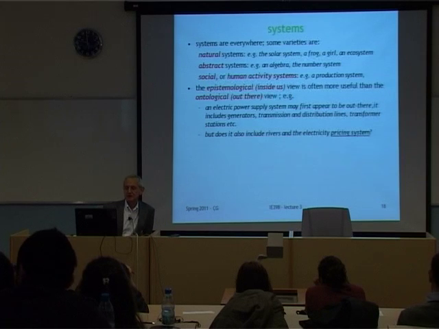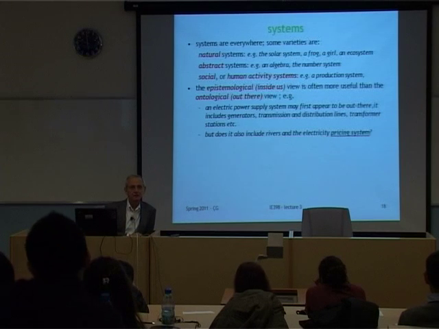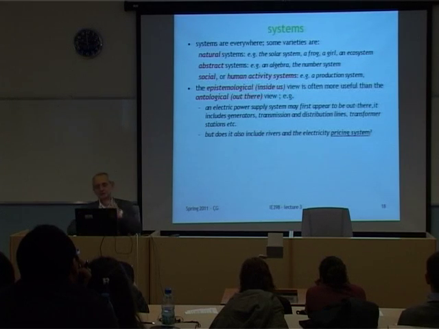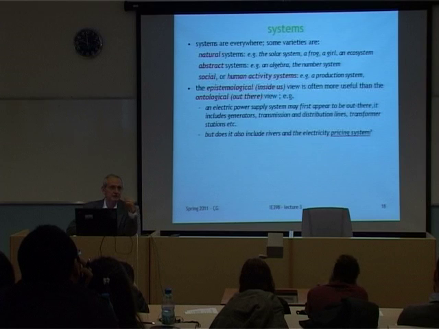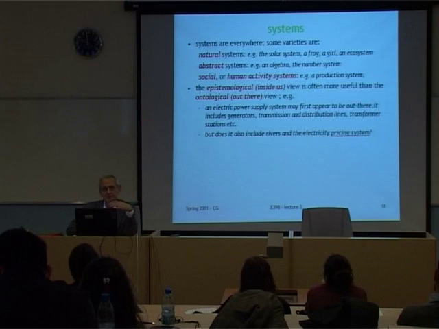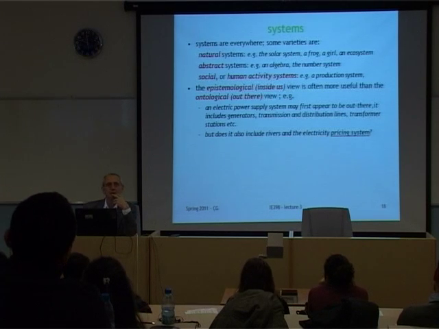Now, let's consider some examples to see how we can view a system which looks like an ontology as an epistemological system. Let's consider, for example, an electric power supply system. An electric power supply system consists of several electricity generators which produce electricity by rotary motion of the alternators in a magnetic field, and that electricity is transmitted and then distributed to where it is needed at demand centers.